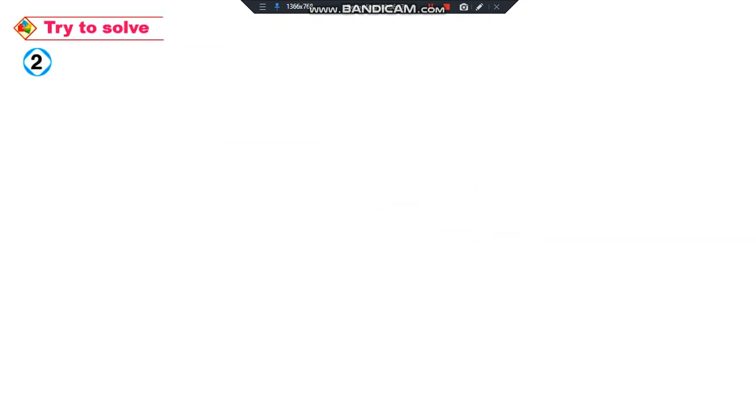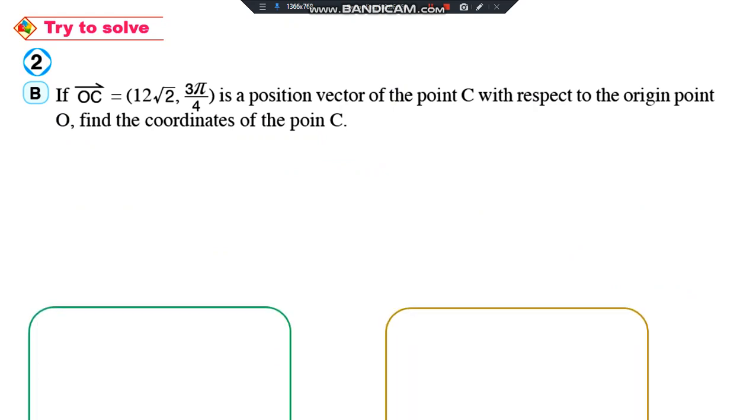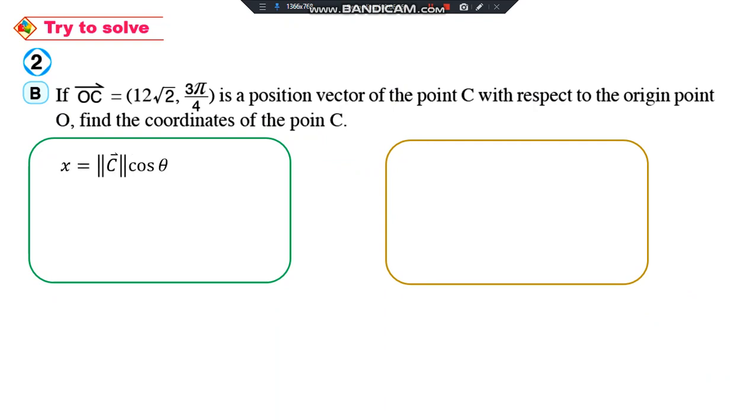So try to solve. If OC equals 12 root 2 and 3 pi over 4, written in the polar form, it is the position vector of the point C with respect to the origin point O. Find the coordinate of the point C. As we said before, the x coordinate equals the norm of C multiplied by cosine of the angle theta.